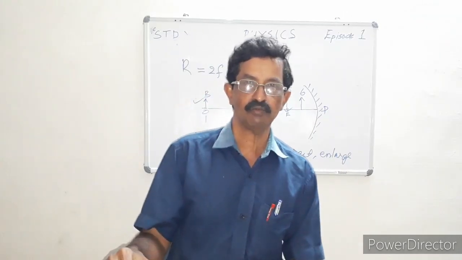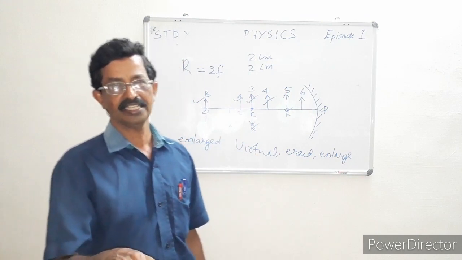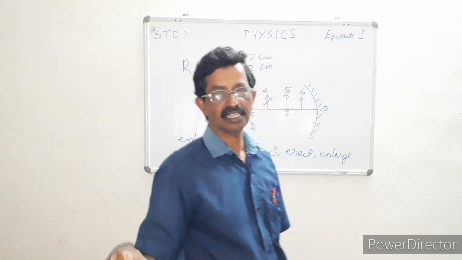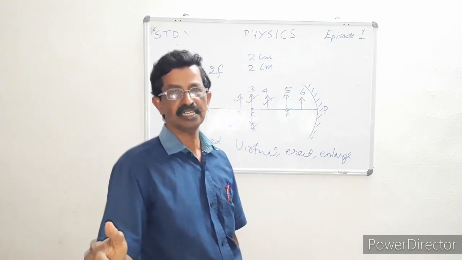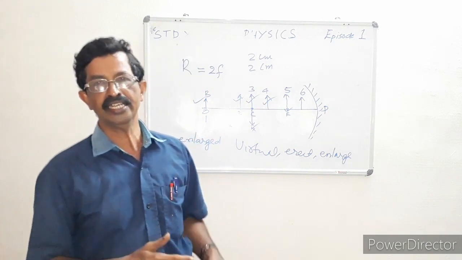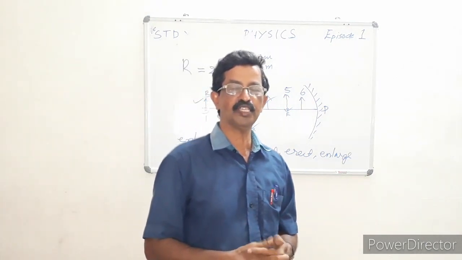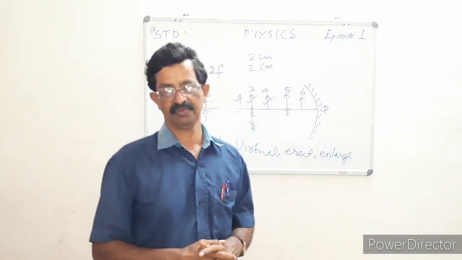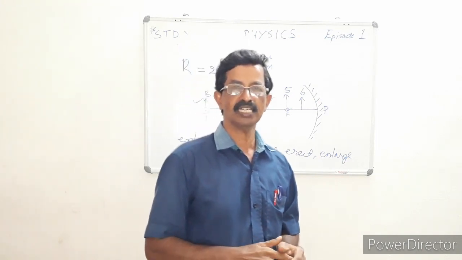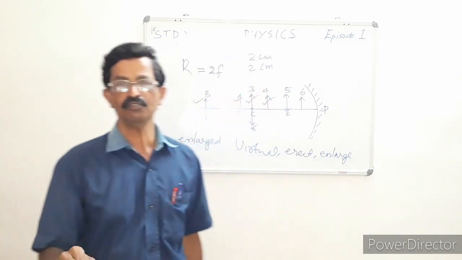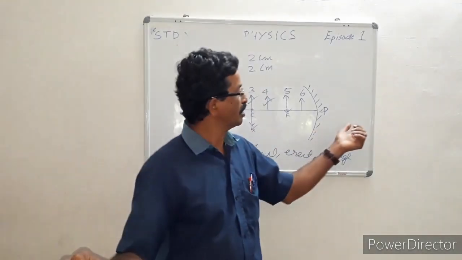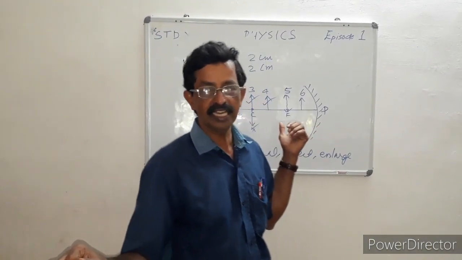Hi students, what are the things we learned today? We discussed two types of mirror, plane mirror and spherical mirror, and how the image is formed by them. Then we discussed different terms related to a spherical mirror. You can remember them. Which are they?